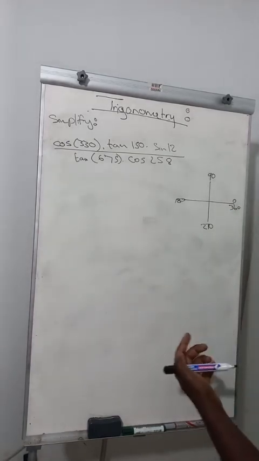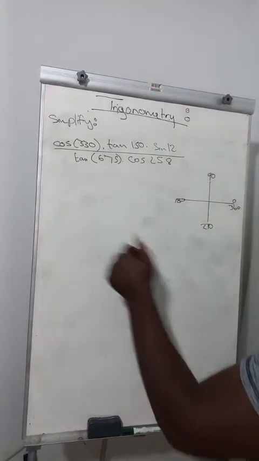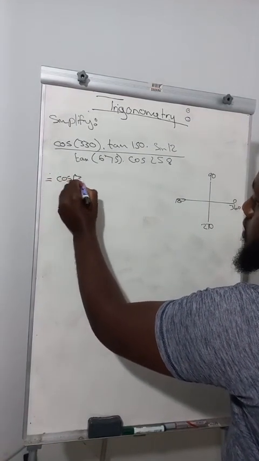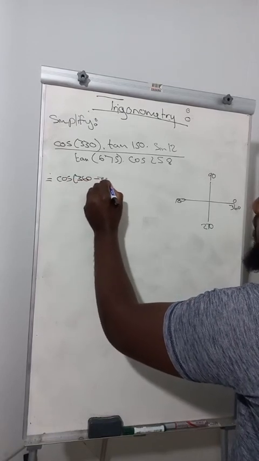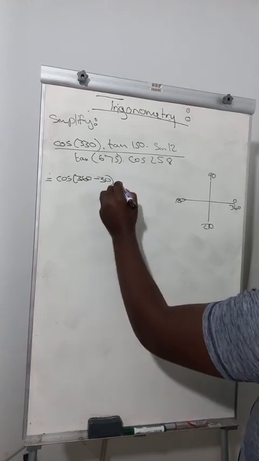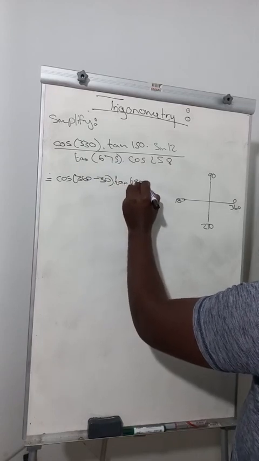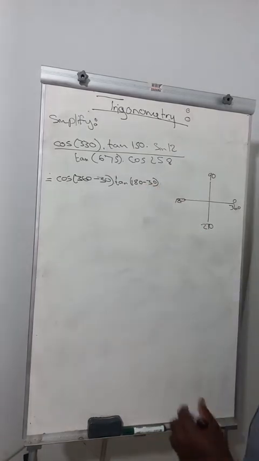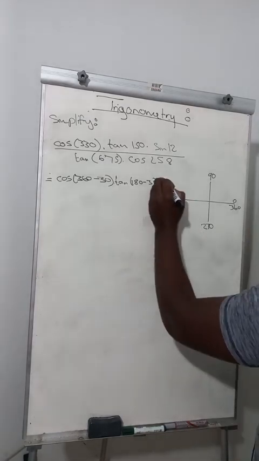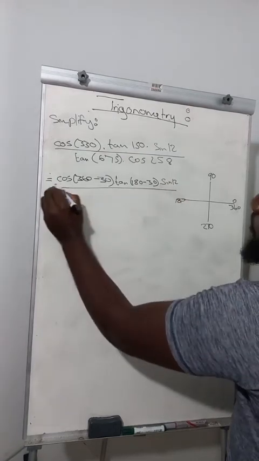For the first one, you'll just have cos of 360 minus 30, which gives 330. Then tan is 180 minus 30, and then sine 12. For now just keep sine 12 like that. We will deal with it later.